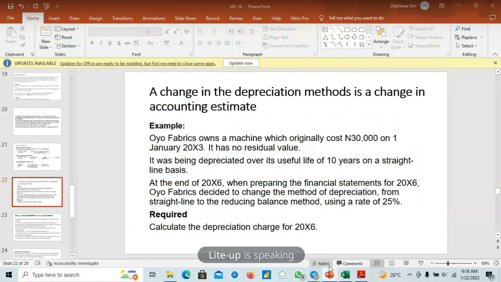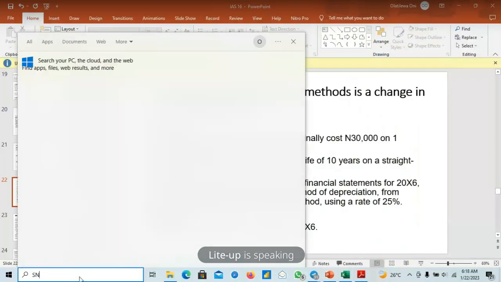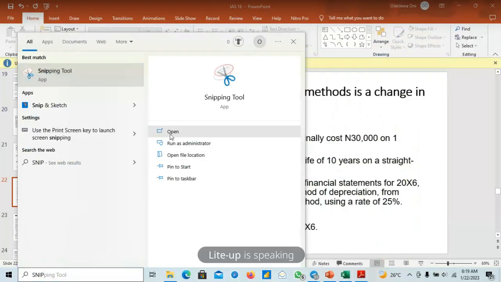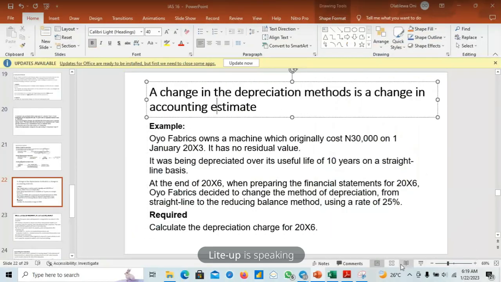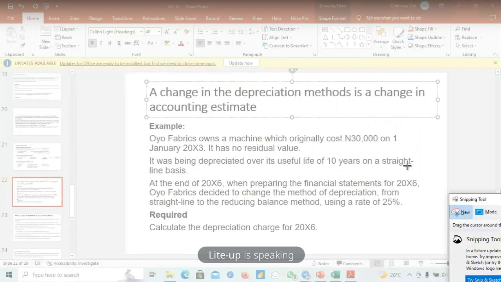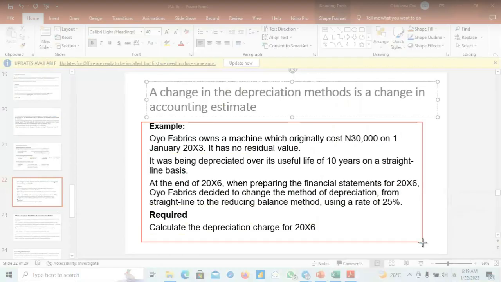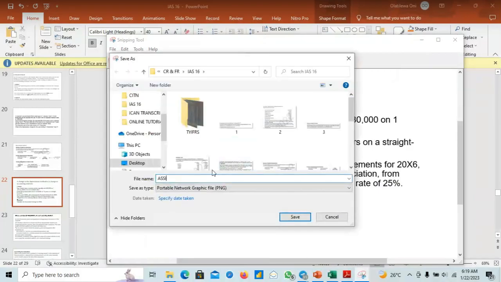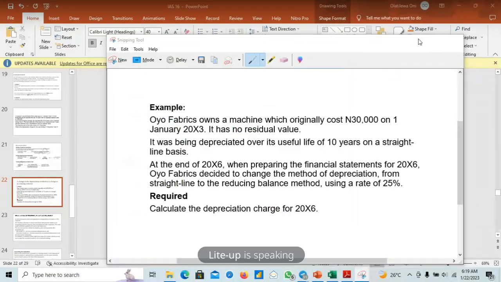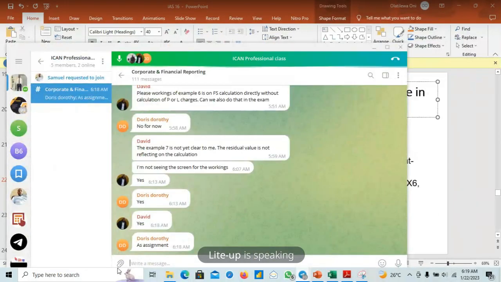So what I will do is cut it out and post it so that you know it's an assignment, so that you can treat it on your own and use it to practice on depreciation.